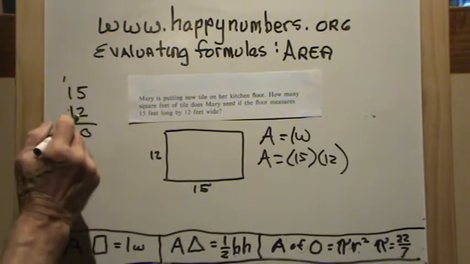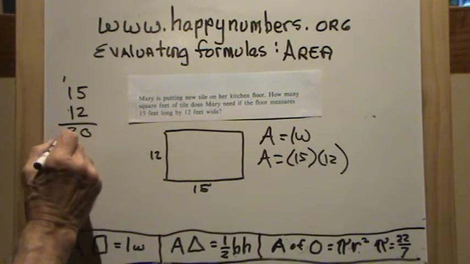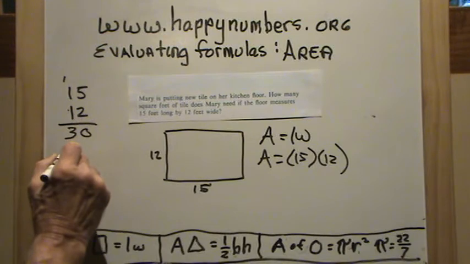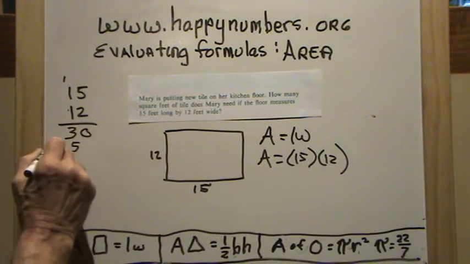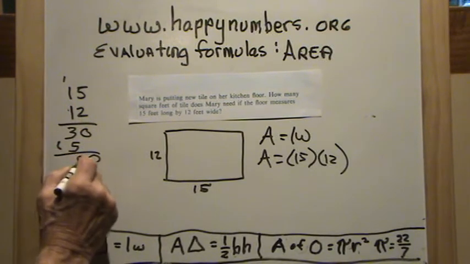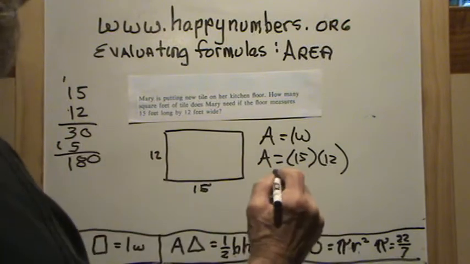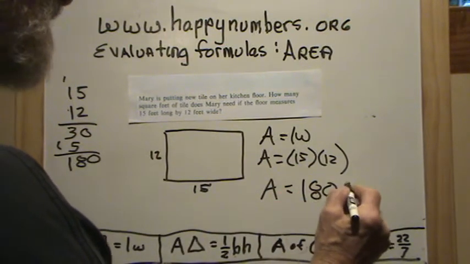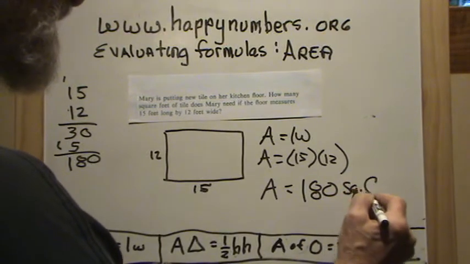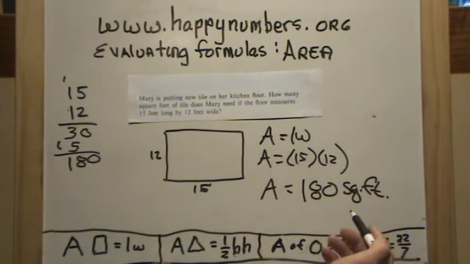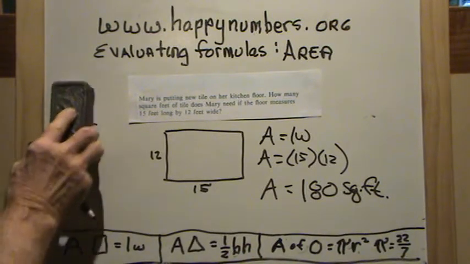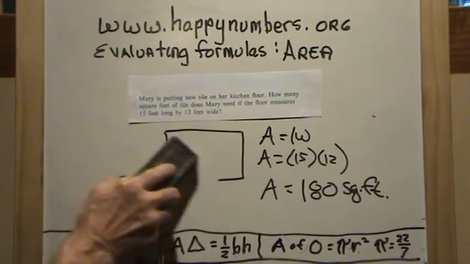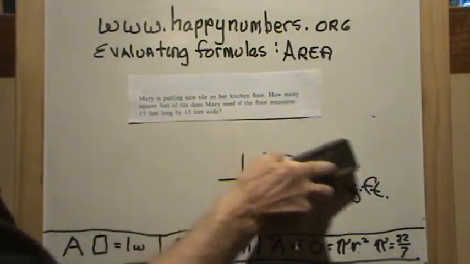Carry the 1. 2 times 1 is 2 and 1 is 3. 1 times 5 is 5. 1 times 1 is 1. So the area is equal to 180 square feet. SQ is the abbreviation for square, FT the abbreviation for feet. So these are very simple area problems when we're looking for an area of a rectangle.